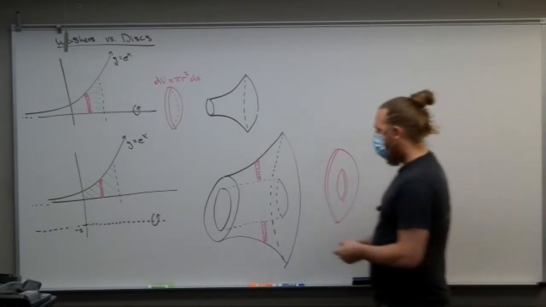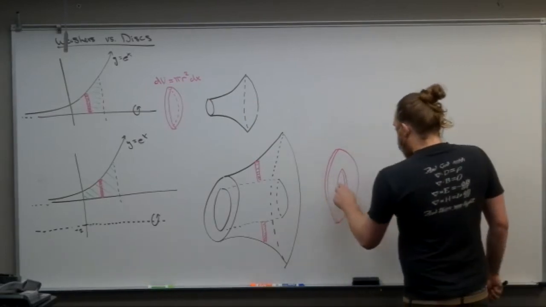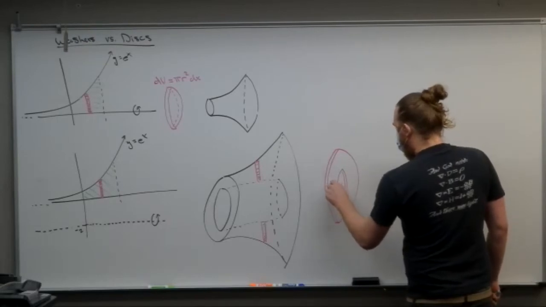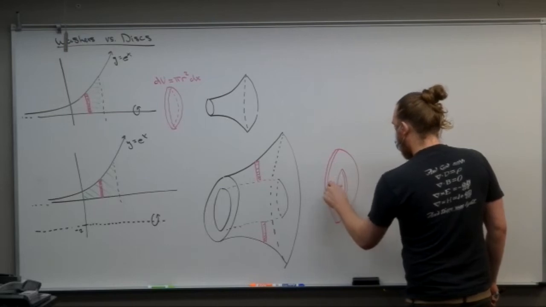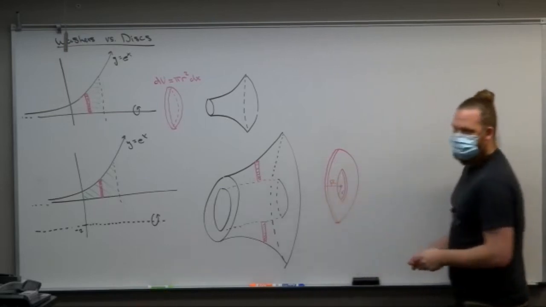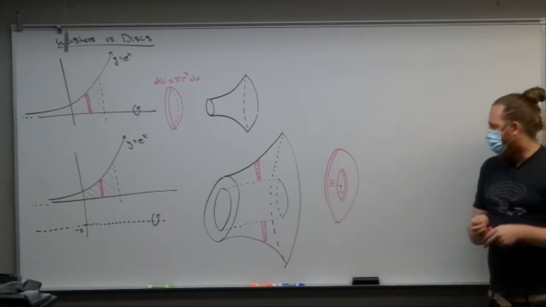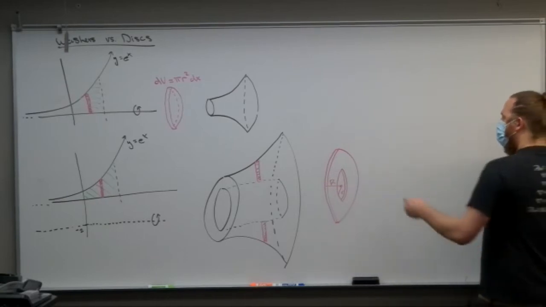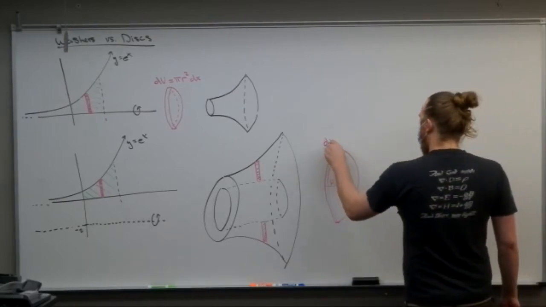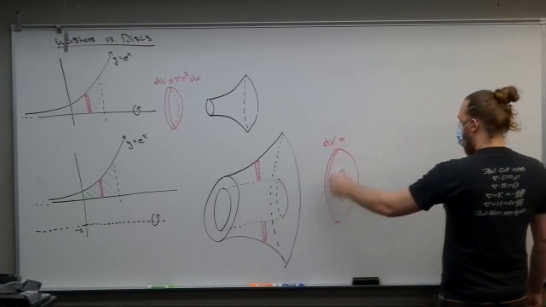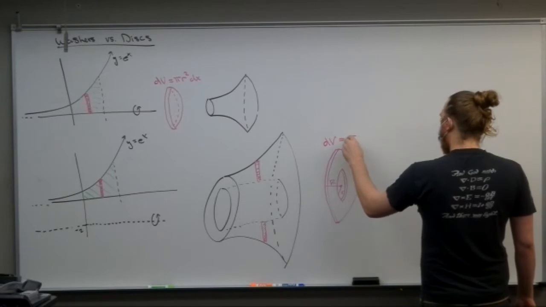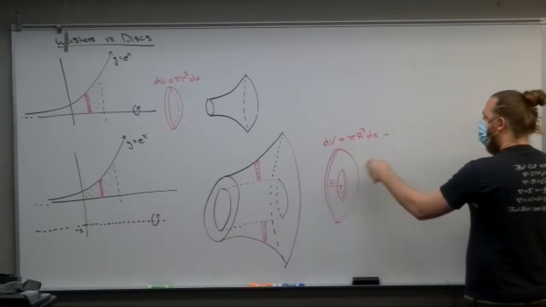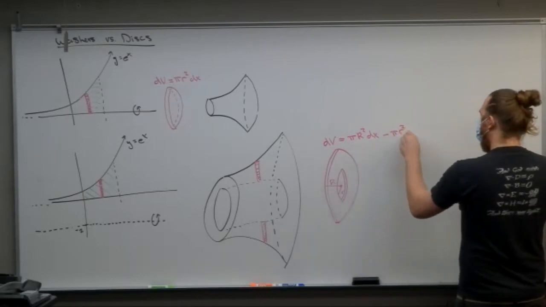If I label two radii now, little r and big R, big R being the distance from the axis of rotation out to the far edge of my solid, and little r being the distance from the axis of rotation to the inner edge of my little solid, then this differential volume is the big differential volume, the volume associated with the big disk, which is pi times big R squared dx, minus the piece I've punched out, which is pi times little r squared dx.